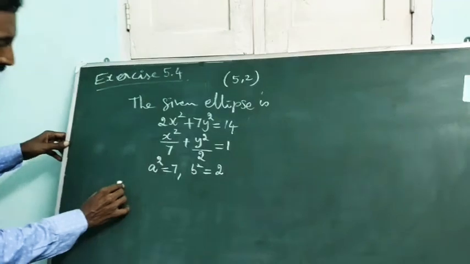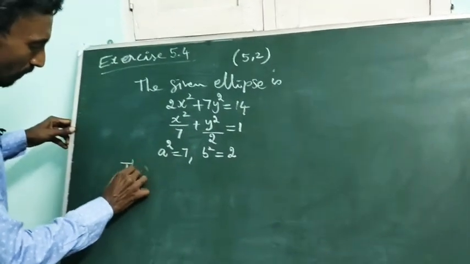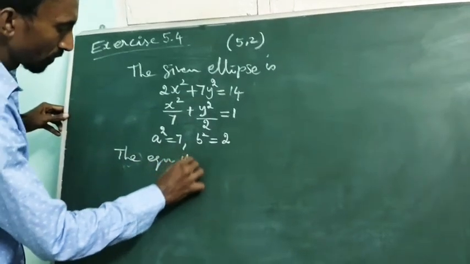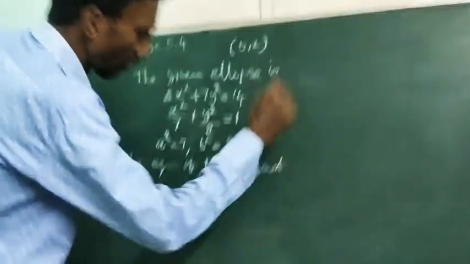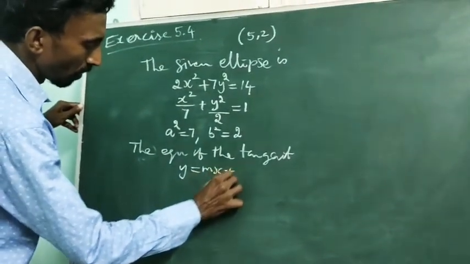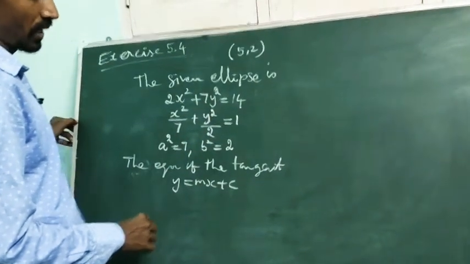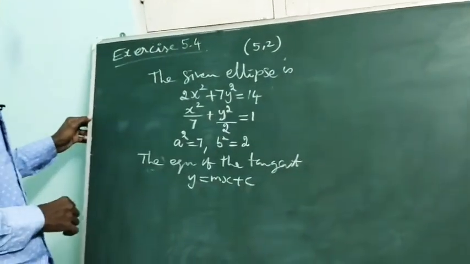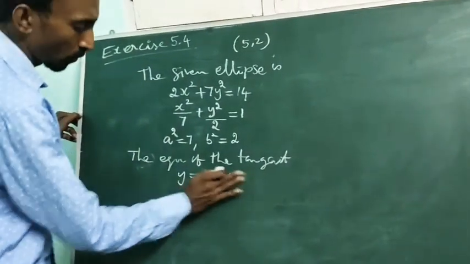Suppose we are assuming that the equation of tangent is obviously y equal to mx plus c. For parabola c value is a by m. For ellipse c value is plus or minus root of a square m square plus b square. So put it here.